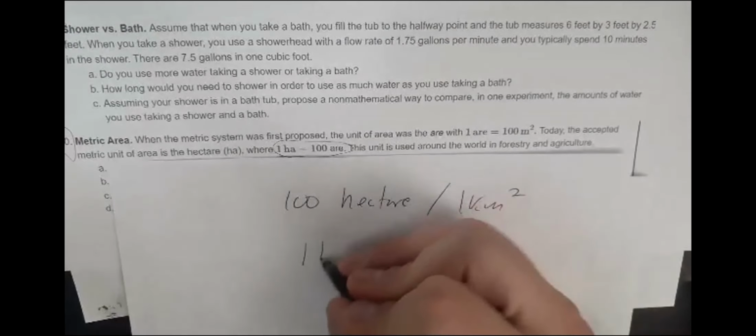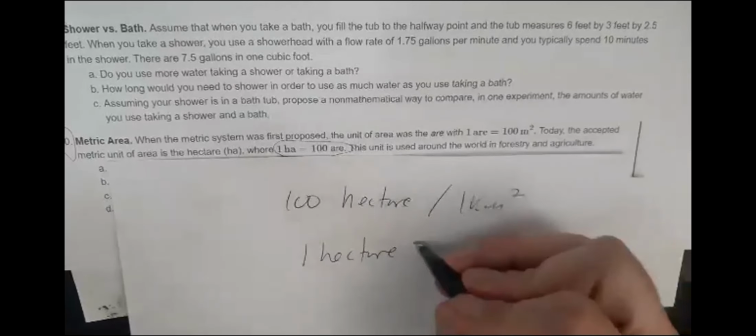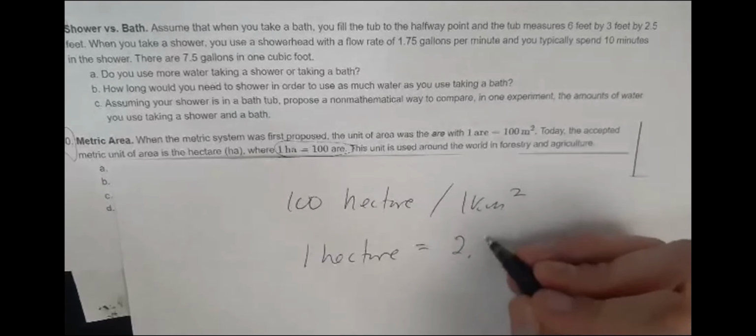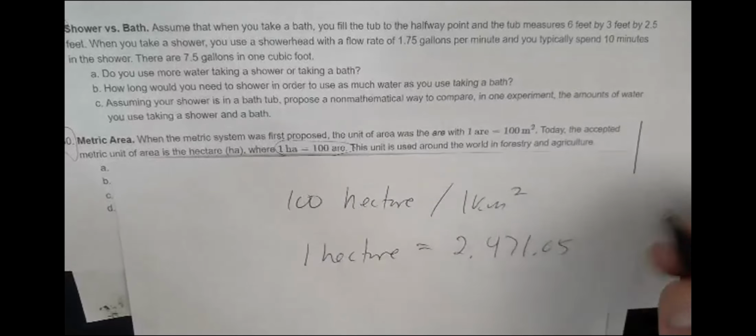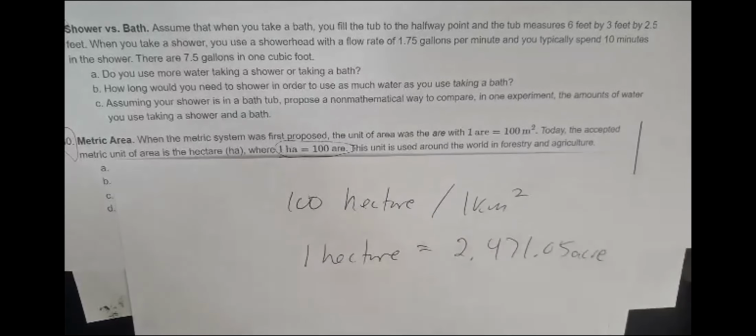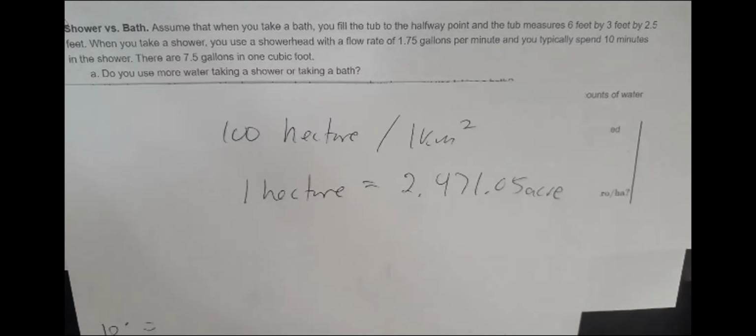We're going to use Google. One hectare equals 2.4 acres. So that doesn't look like it's anywhere in the book. Just word of advice, it looked like they wanted you to look that thing up.